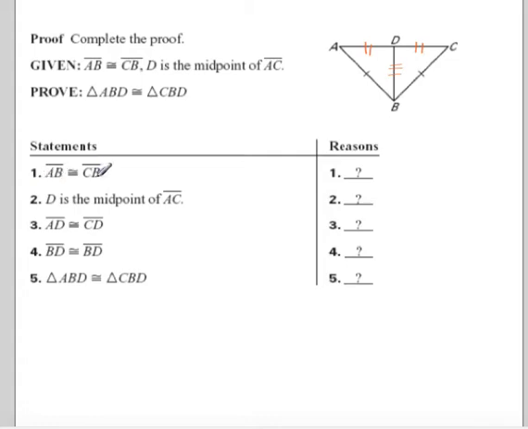So AB congruent to CB was given. D is the midpoint, that was given. AD congruent to CD comes from the definition of midpoint.